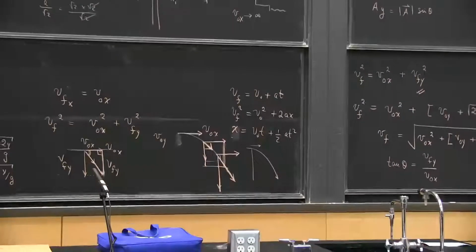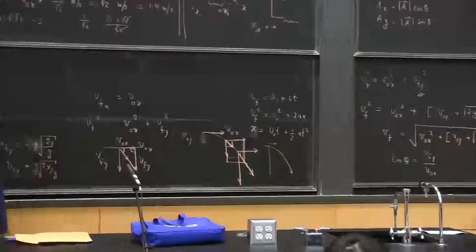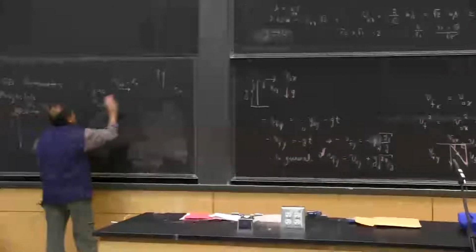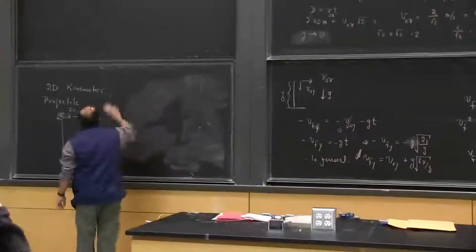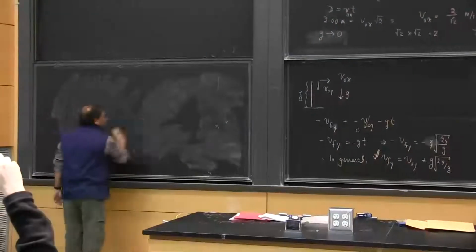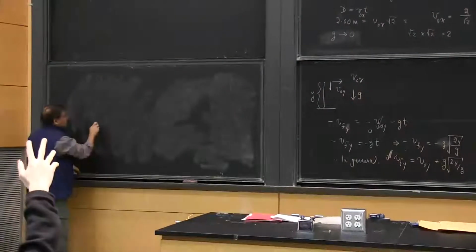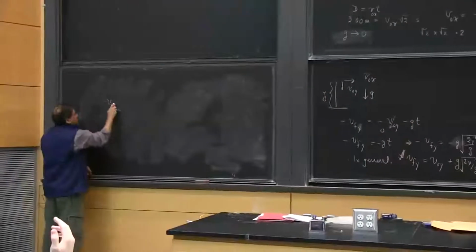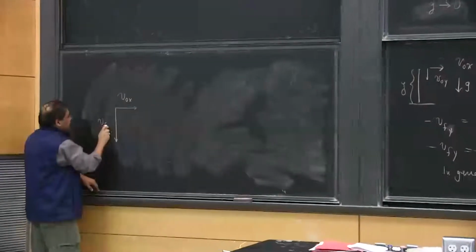Now you have to be really careful because this is where almost every one of you will make a mistake. So let me just tell you where you have to be careful and why. If you look at the picture that I drew, I have a triangle where this is my v0x, and this is my v final y, right?